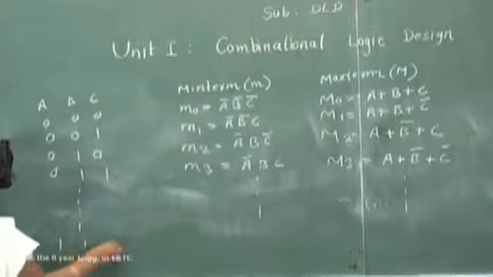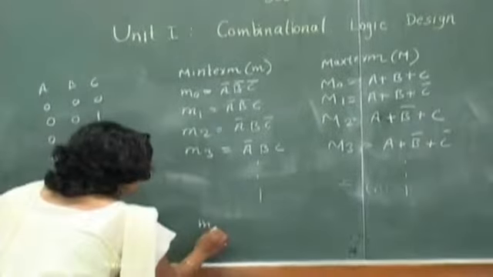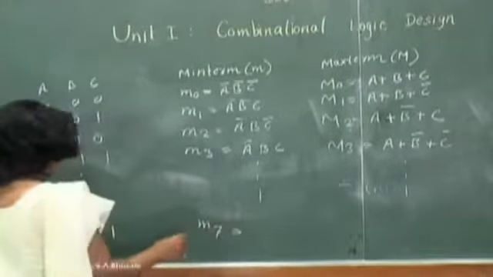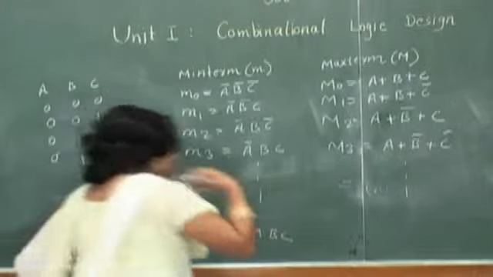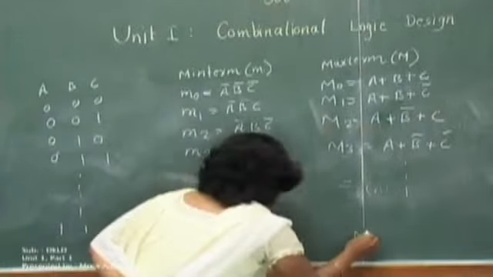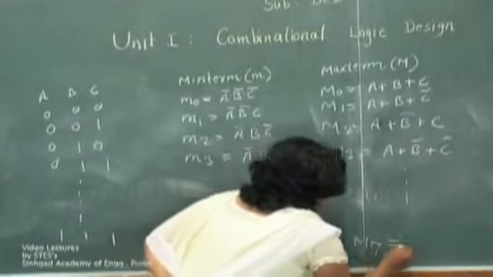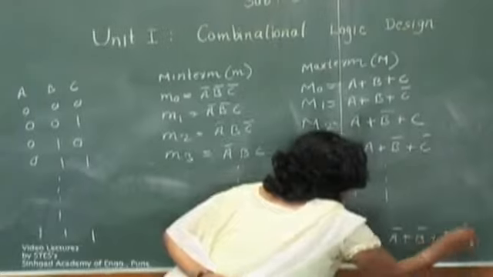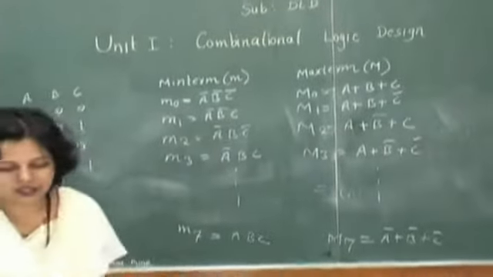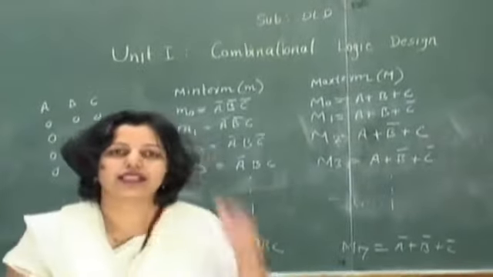So the last case is 1, 1, 1 here. This is nothing but m7 and it will be written as A, B, C, whereas for the max term it will be written as M7 is equal to A bar plus B bar plus C bar. Actually why are we going for the min terms and max terms?